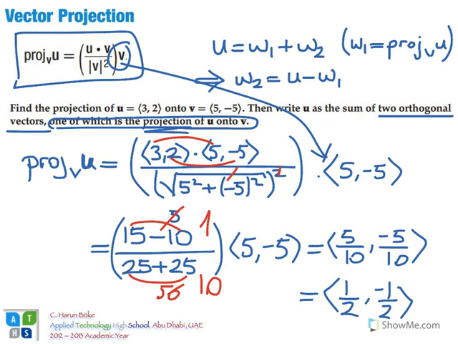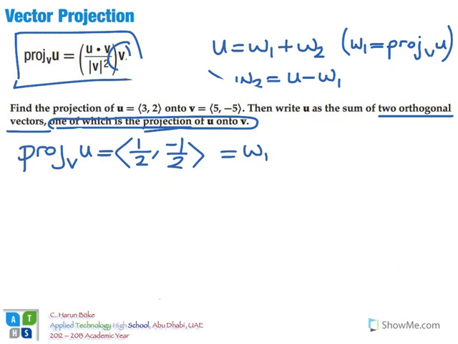Now, this is the projection of u on v. This is actually another vector, which is also called w1. So let's clean it for the second part.